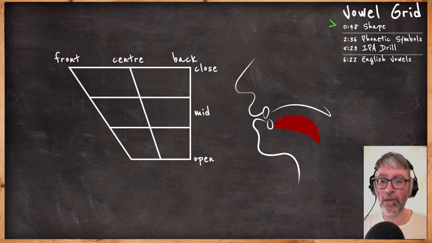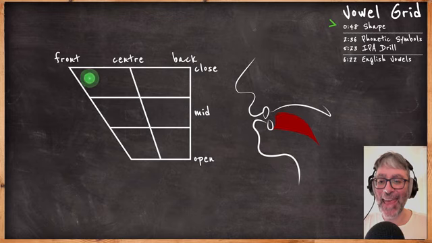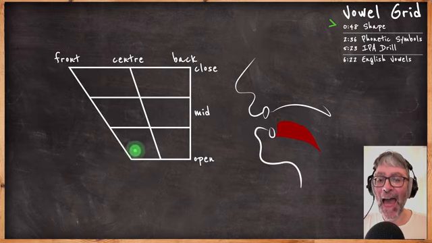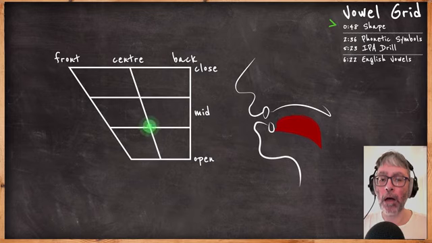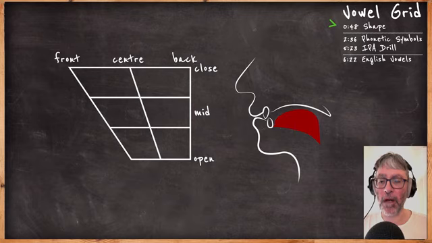So let's just move around a bit. Front sounds have a kind of crisp, clear quality. Central sounds have a flimsy, relaxed feel. And back sounds are a bit muffled.